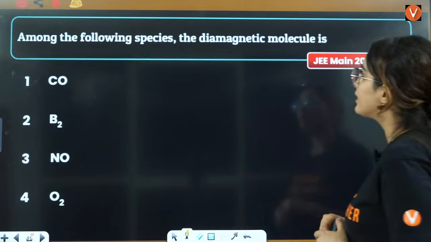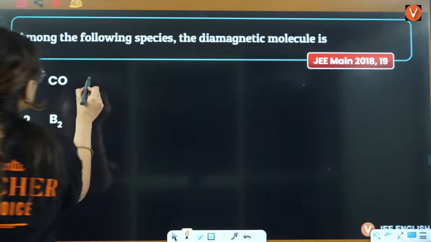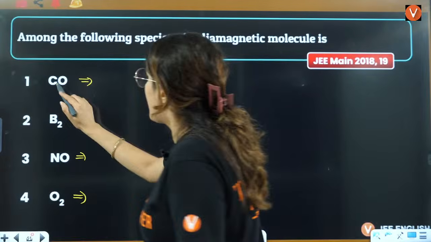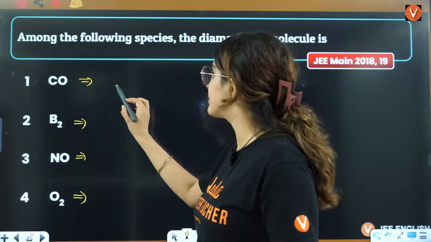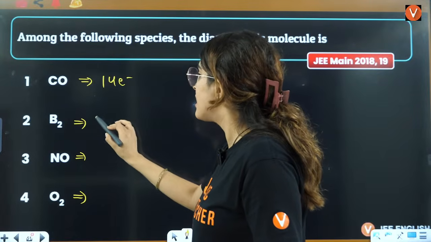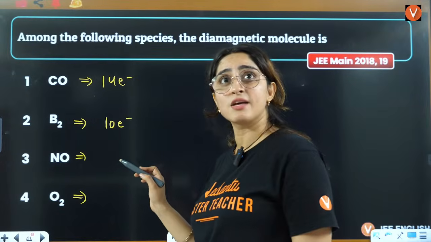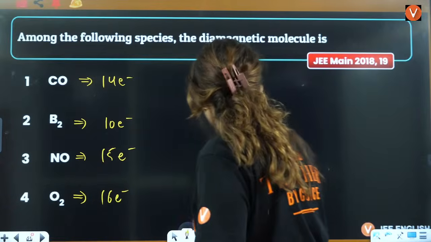Amongst the following, find the diamagnetic molecule. Calculate the number of electrons. How many electrons here? 6 plus 8, that is 14 electrons. It has boron 10 electrons. This has 7 plus 8, that is 15 electrons. This has 16 electrons.